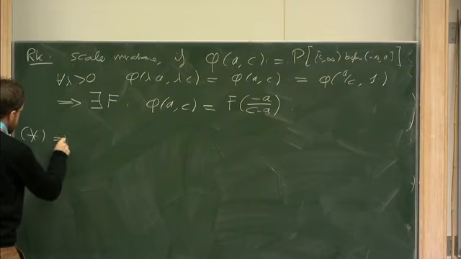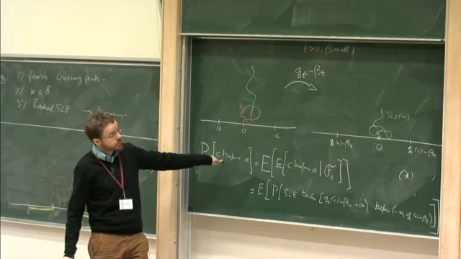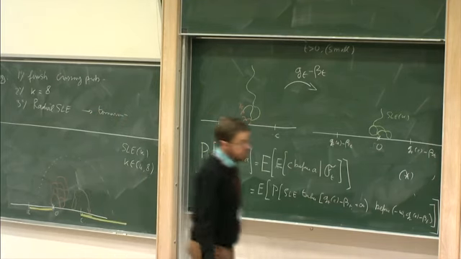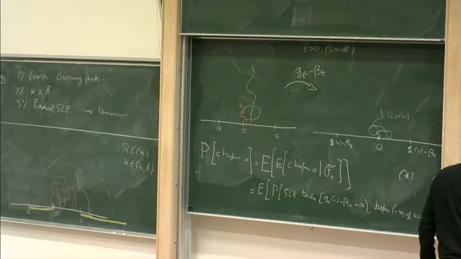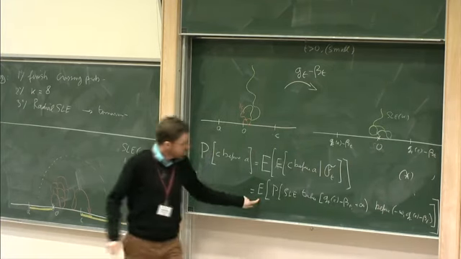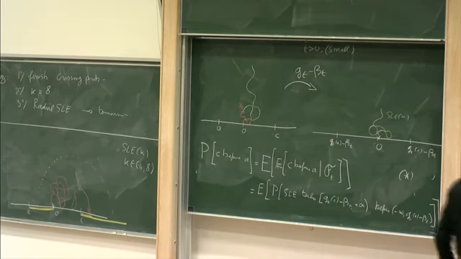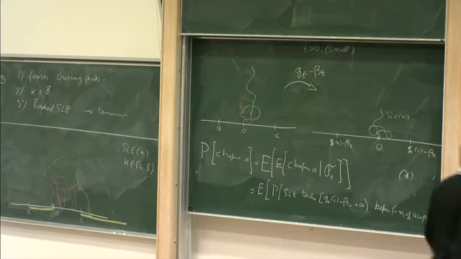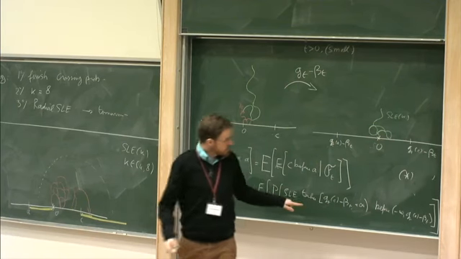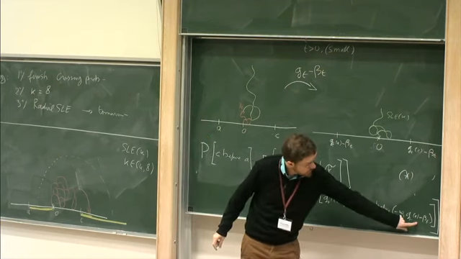So star is equivalent now to, on the left we have f of minus a over c minus a. And on the right we have the expectation of f of what? So it's minus the new a, and the new a is this.